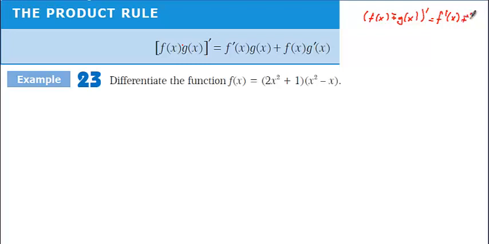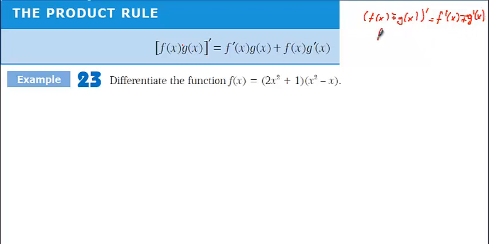The derivative of f plus g is f derivative plus g derivative.